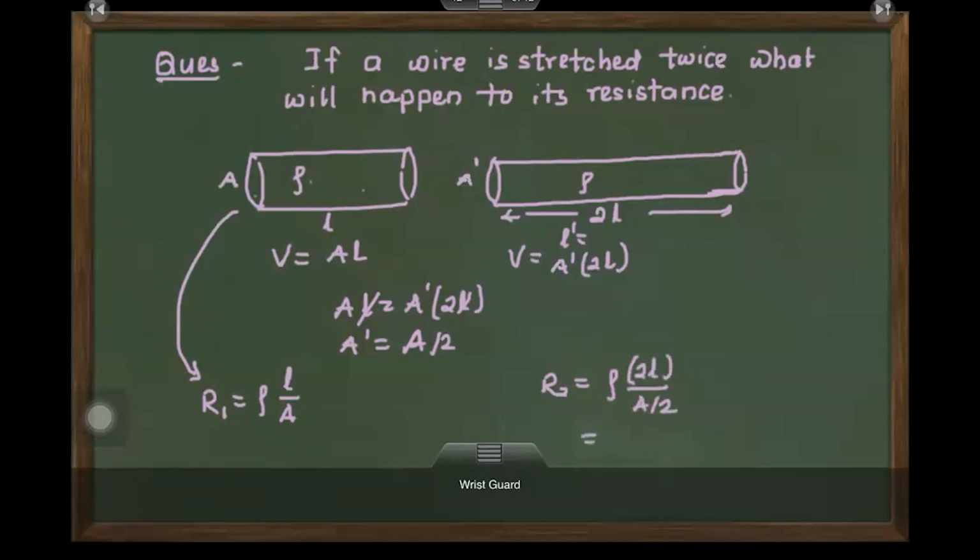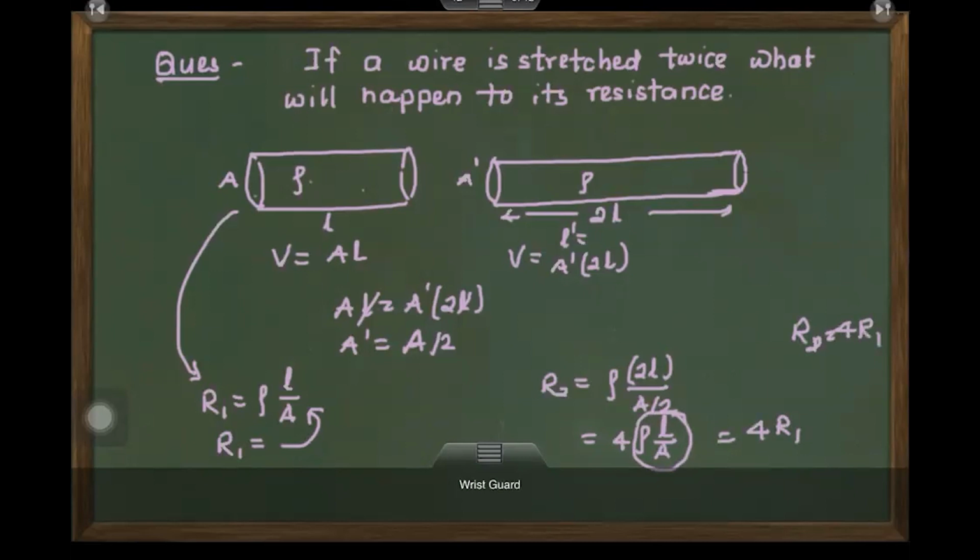And this 2 will go up, and that's why this will be 4 rho L upon A. So what happened? R1 is equal to rho L upon A, and we can place it here. So new resistance is equal to 4 times the resistance.